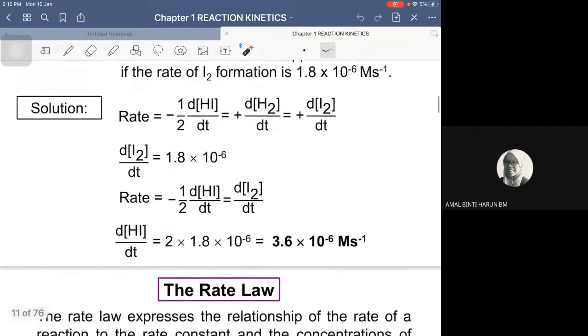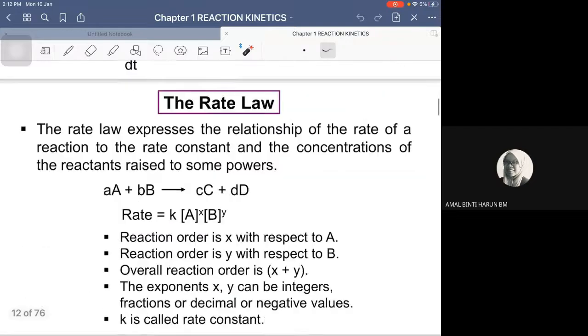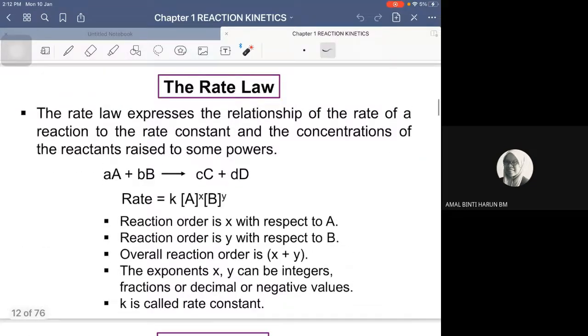Okay, kalau di dalam differential rate equation, kita hubungkan dia dengan coefficient ni. Okay, coefficient dia. Itu differential rate equation. Tetapi untuk rate law adalah hubungan antara rate constant dan juga concentration reactant. Concentration reactant mestilah kuasa dengan dia punya order.